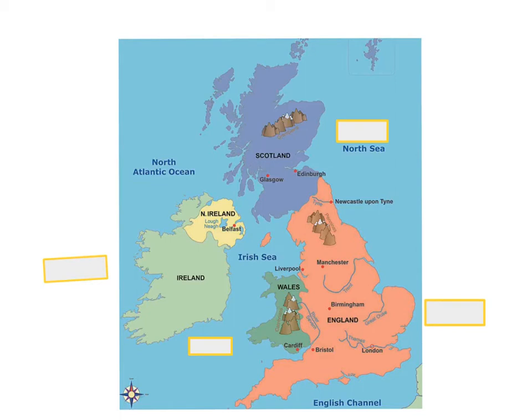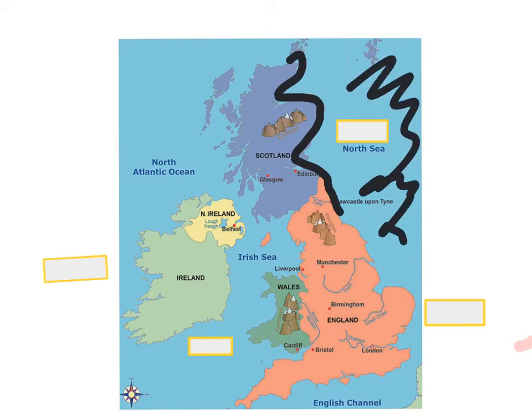If we have a look at this map, we can find the coast is around this part of the UK. This blue part is the sea. So all seasides will be located on the outer part of the UK, like this.